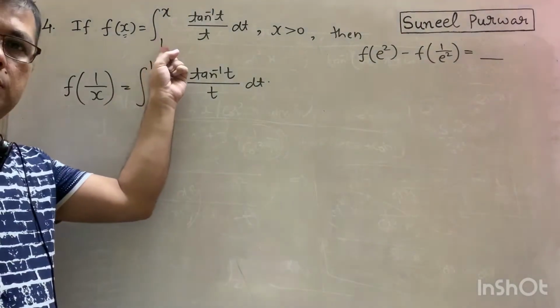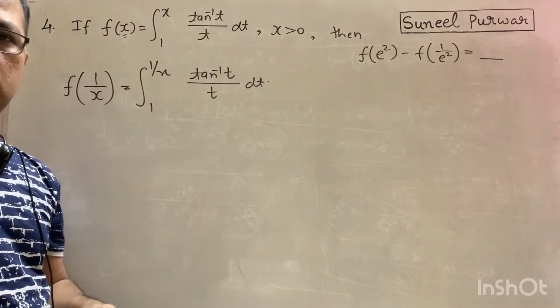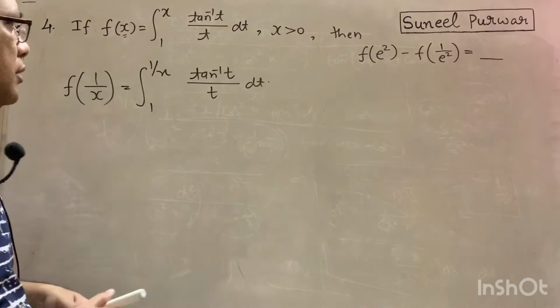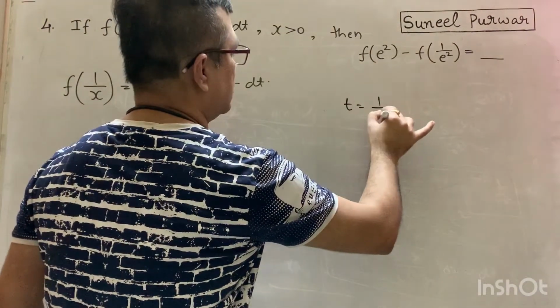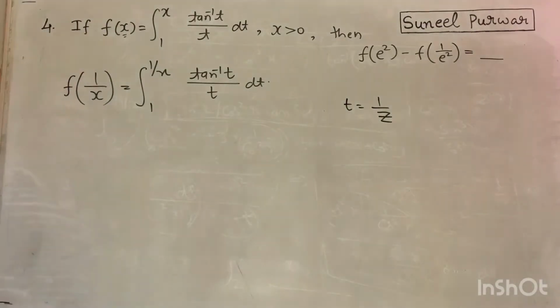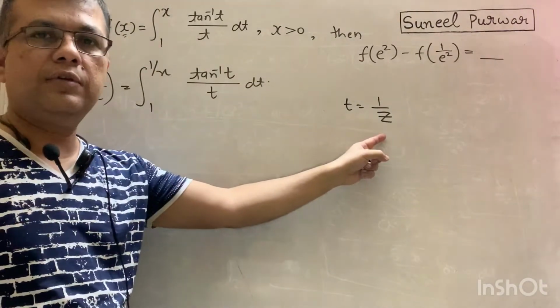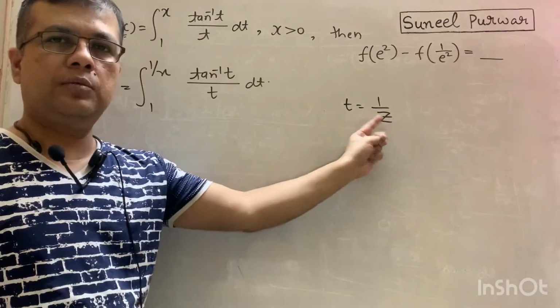Now, original limits were 1 and x, new limits are 1 and 1 by x. So this is again motivating us to take the substitution t is equal to 1 by z. Understand why? Because when t is 1 by x, what will be the z value? x. And when t equal to 1, z value will also become 1.